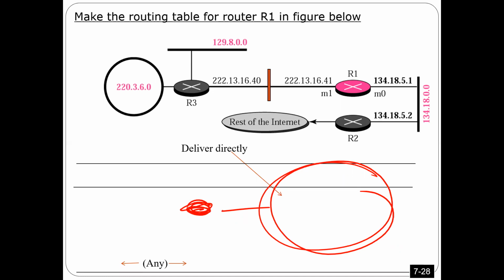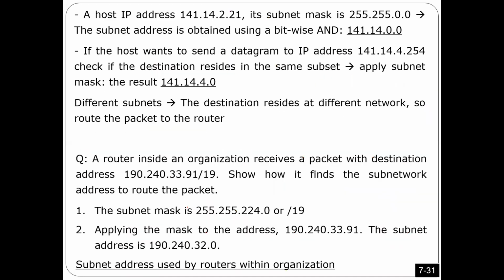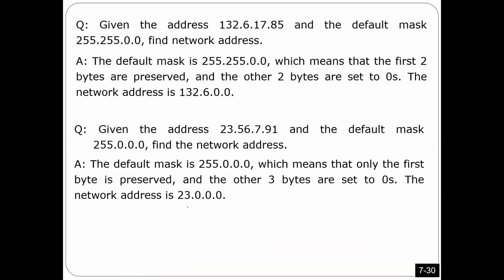So it's also a kind of aggregation, because I have too many addresses here inside Qatar University. All these addresses, I can aggregate them using only the network address. Now I'm going to give you more examples, again, of what I want you to understand.